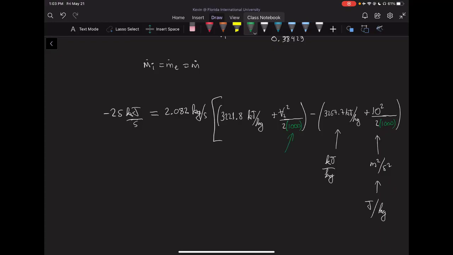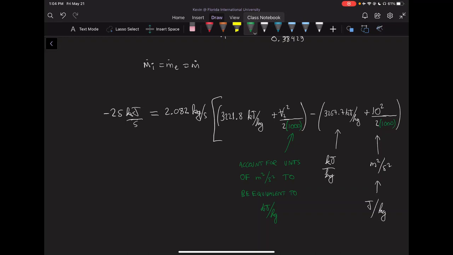So this accounts for units of meters squared per second squared to be equivalent to kilojoules per kilogram.